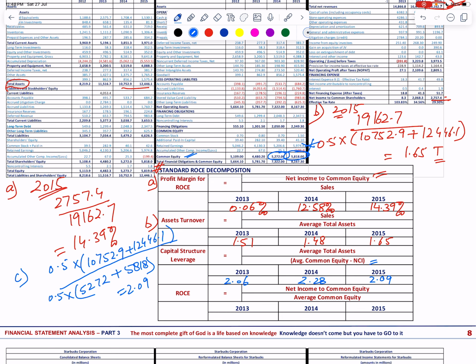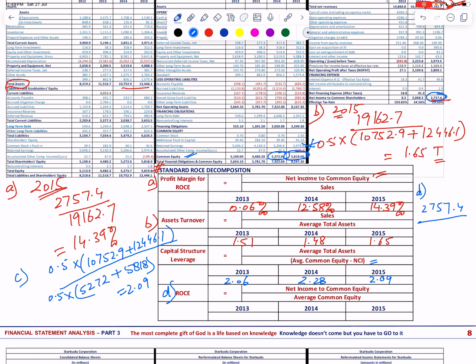Finally, we come to return on capital employed, and that is net income to common equity. This is D now. For D, we have net income to common equity, that is 2757.4, and this will be divided by average common equity, that is the same.